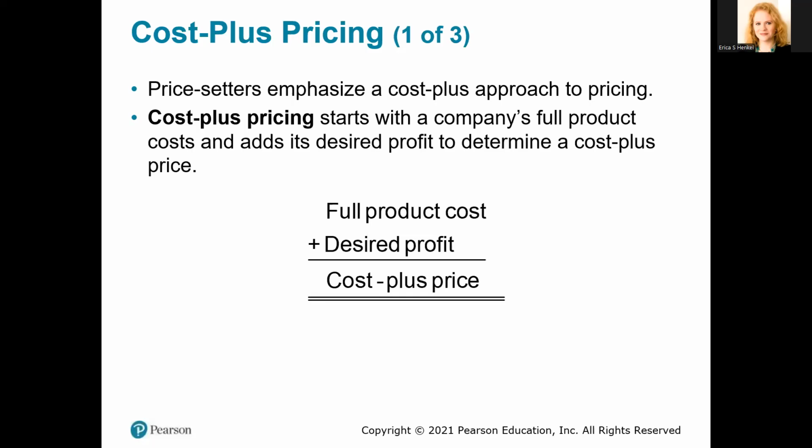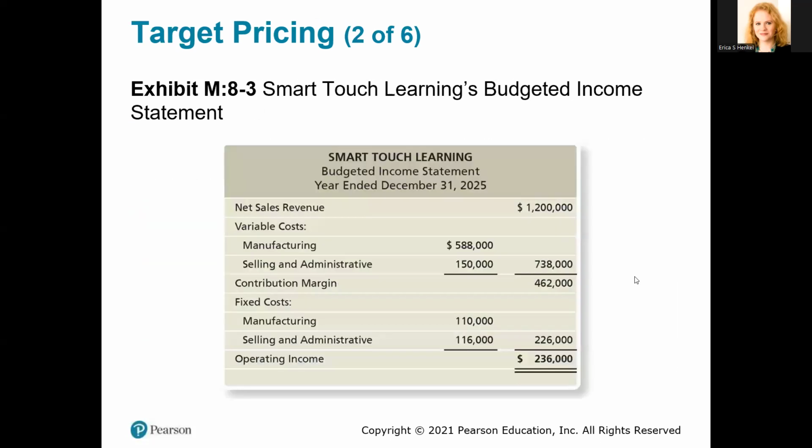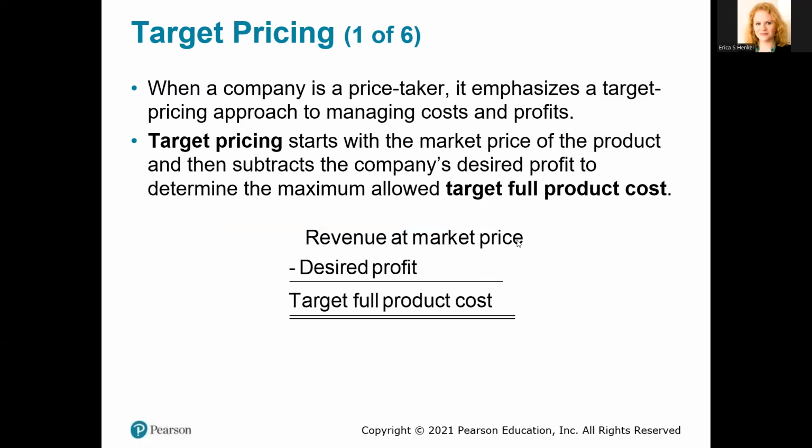In the previous example, when we looked at the target pricing, we were not able to set our own price. We had to accept whatever price was taken, as a price taker, whatever price we could get on the market, subtract out our desired profit, and that would give us a target cost that we had to achieve or meet in order to achieve our desired profit.